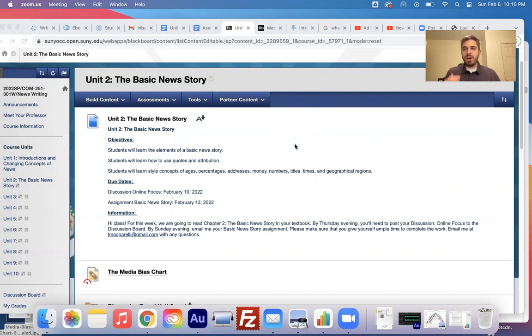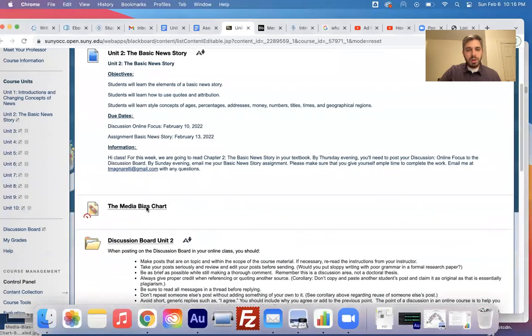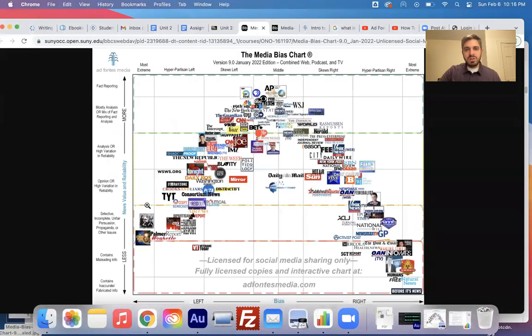A lot of you were talking about in your introductions that you want to know how to distinguish whether a news organization is biased or not. So we have this great chart here. This is called the media bias chart, and I've included this on your Blackboard. What you'll want to do is click on it and take a look at it.